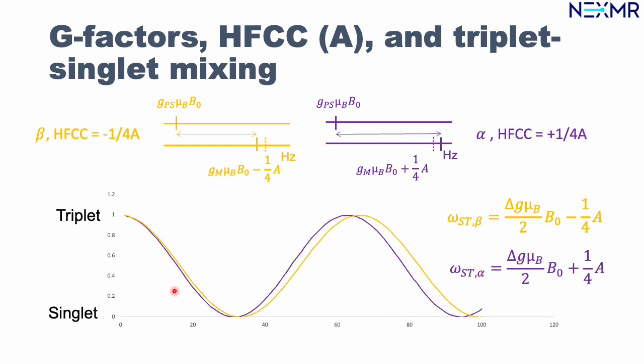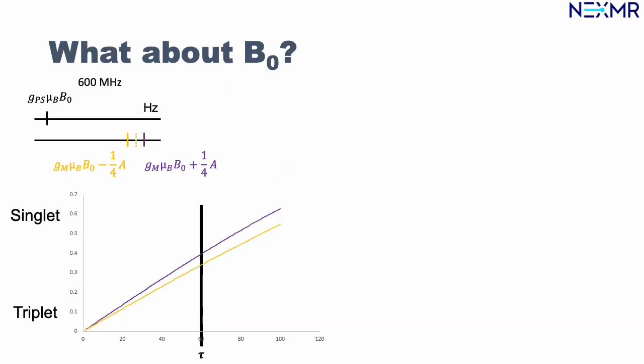So what we see is that when we go at time tau, we will have more singlet state in the case of nuclear spin state alpha than in the case of nuclear spin state beta. And this is what brings the hyperpolarization. So only the singlet state will be observed by NMR. So you will have more alpha spin state than beta spin state at the end. And this is your hyperpolarization.